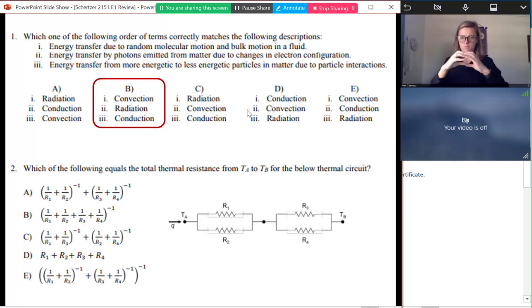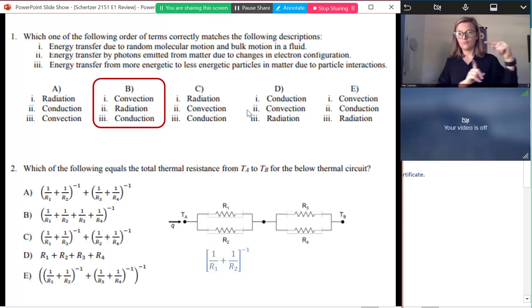The next one is kind of a conceptual question, but kind of a math question too. It asks us which of the following equals the total thermal resistance from the temperature A to the temperature B in the thermal circuit below. So here we have 2 networks, so 2 resistors in parallel, and then those two resistor parallel networks are chained together in series.